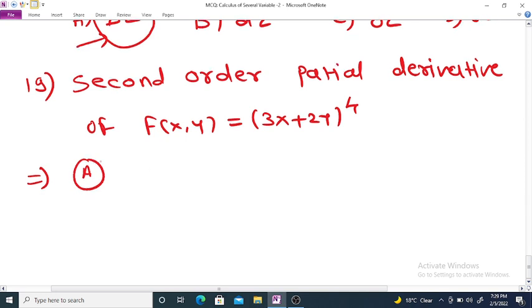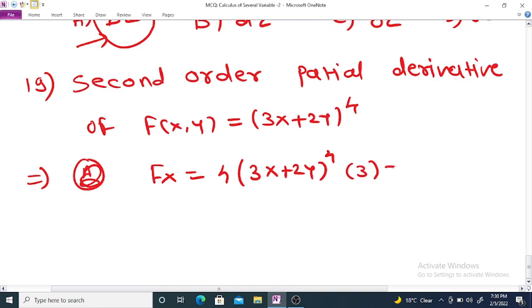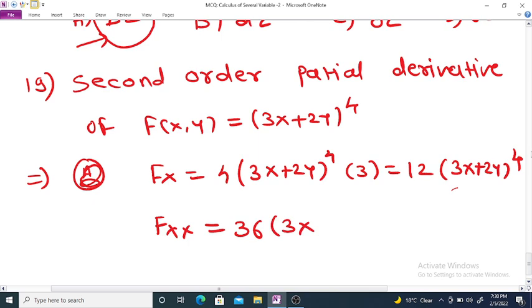I am going to evaluate the second order partial derivative directly. First, f of x is equal to 4 times (3x plus 2y) raised to 3, into the derivative of this term with respect to x, which is 3, so it is 12 times (3x plus 2y) raised to 3. Again, if we evaluate f of xx, then it is 36 times (3x plus 2y) raised to 2, since the power decreases by 1.